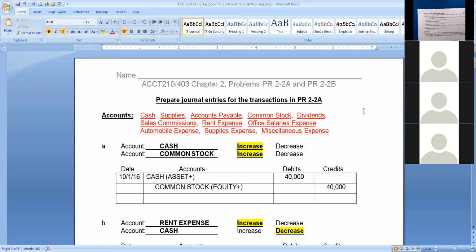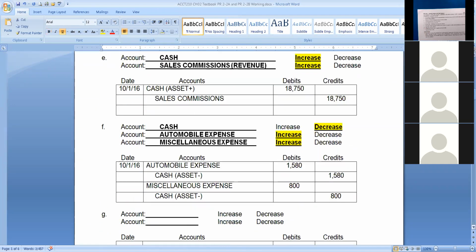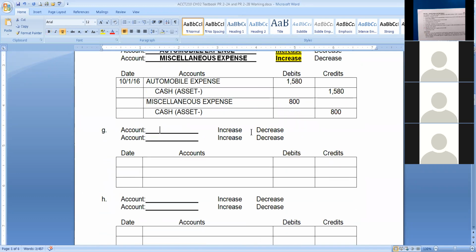They're probably going to call it office salaries expense. If you put wage expense, that's absolutely fine. But using their accounts up here, they probably use office salaries expense. Wage expense is fine. You know, it's an expense. Okay, and cash.